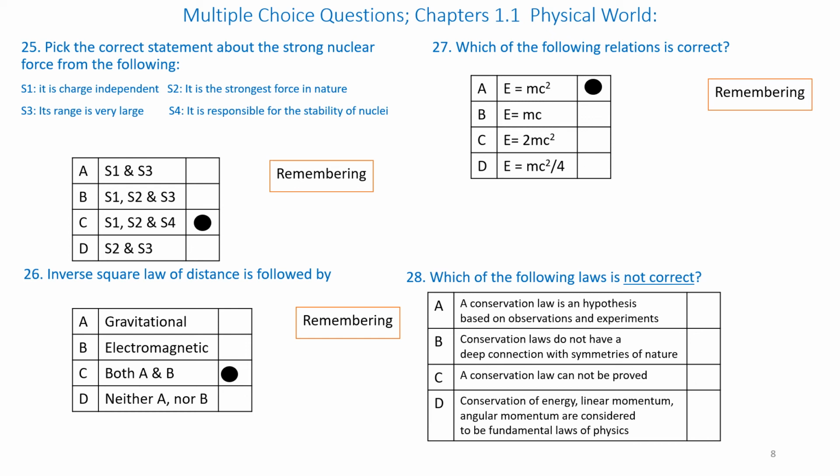Question number 28. Which of the following laws is not correct? Choice A, a conservation law is a hypothesis based on observations and experiments. Choice B is conservation laws do not have a deep connection with symmetries of nature. Choice C is a conservation law cannot be proved. Choice D is conservation of energy, linear momentum, angular momentum are considered to be fundamental laws of physics.